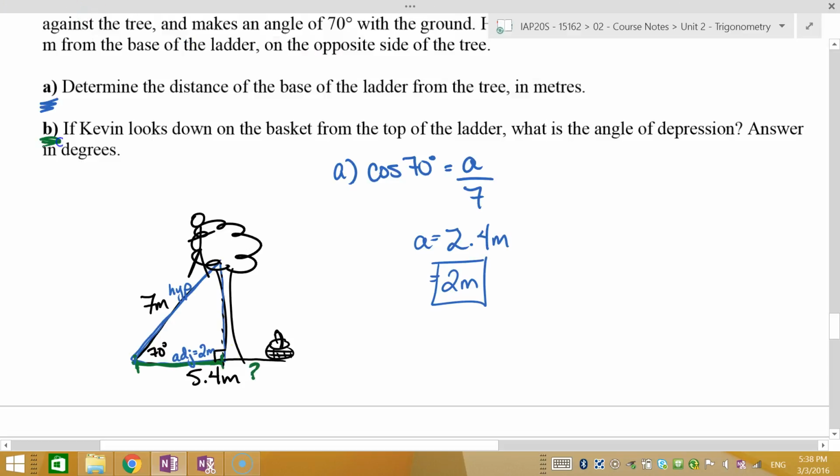Should be able to find out something about this other triangle that we haven't even thought about so far. So how we do that is 5.4 is the total distance, subtract the 2 meters that are between the ladder and the tree, and that tells me that that length is 3.4 meters.